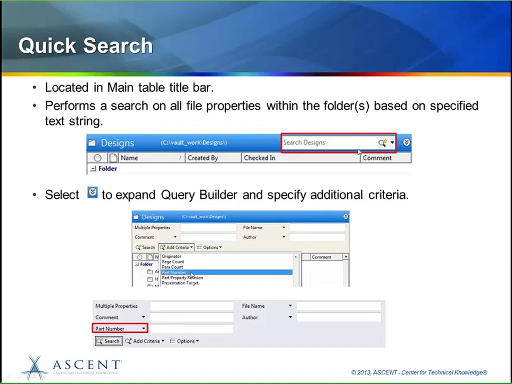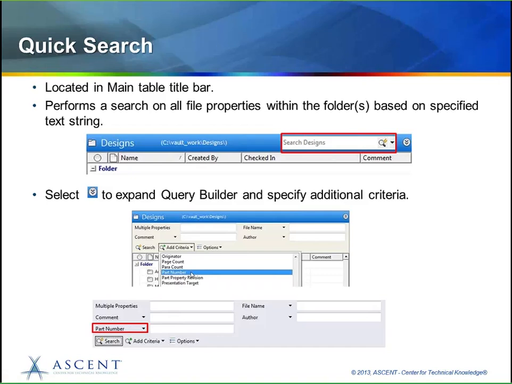I personally like the quick search too. It's very handy to be able to quickly search from that main table, but I think the big thing is that you have to remember to select the folder that you want. Sometimes you don't want to select the top level folder and have to wait too long, so it saves time if you think about what folder you want to be in.